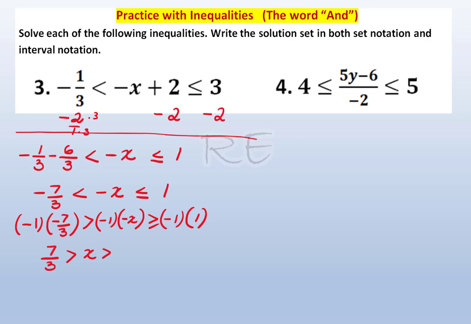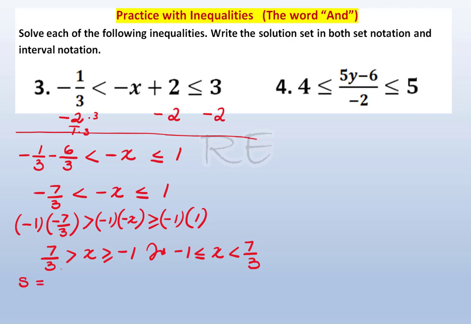So +7/3 greater than x greater than or equal to -1, which we can write as -1 less than or equal to x, strictly less than 7/3.